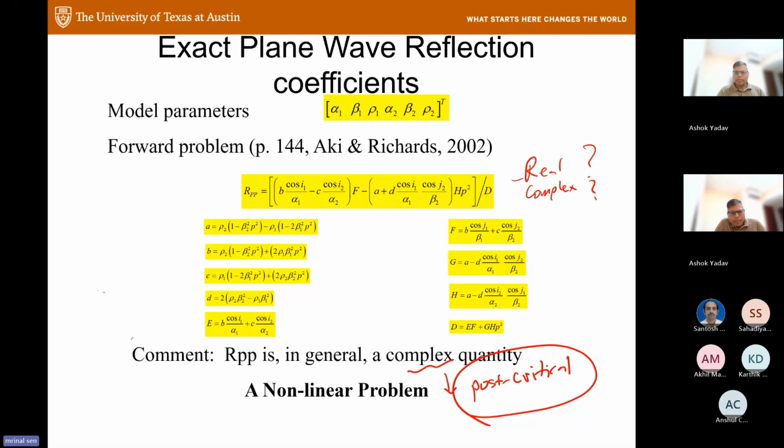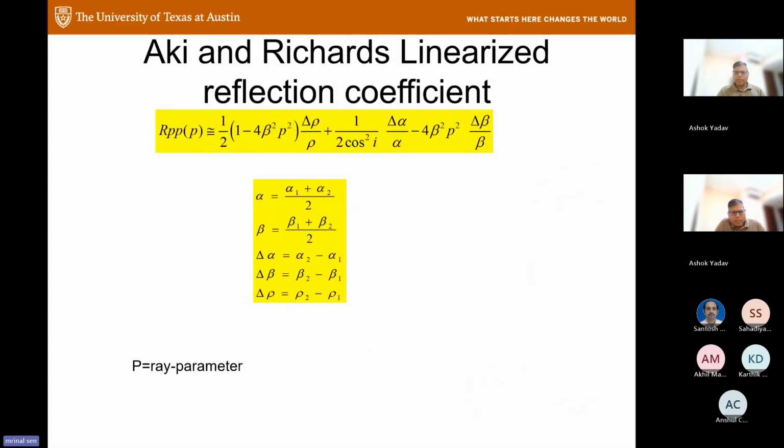So with that in mind, this is in Aki-Richards book. It's called linearized reflection coefficient, but I think it was done by some other people also.